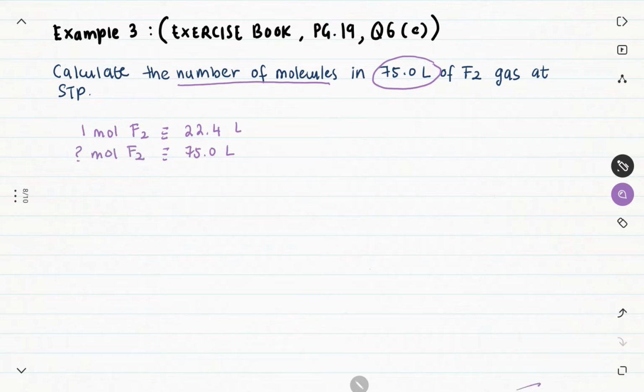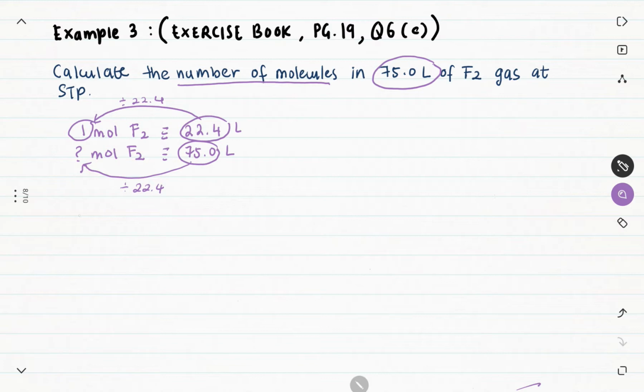So to find mole of F2, we need to go from 22.4 to 1, divided by 22.4. So to calculate the number of mole, we also need to divide 75 by 22.4.